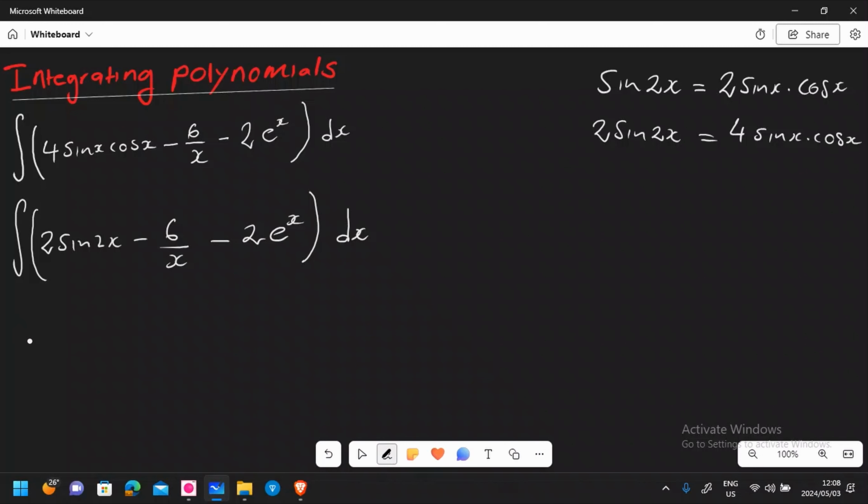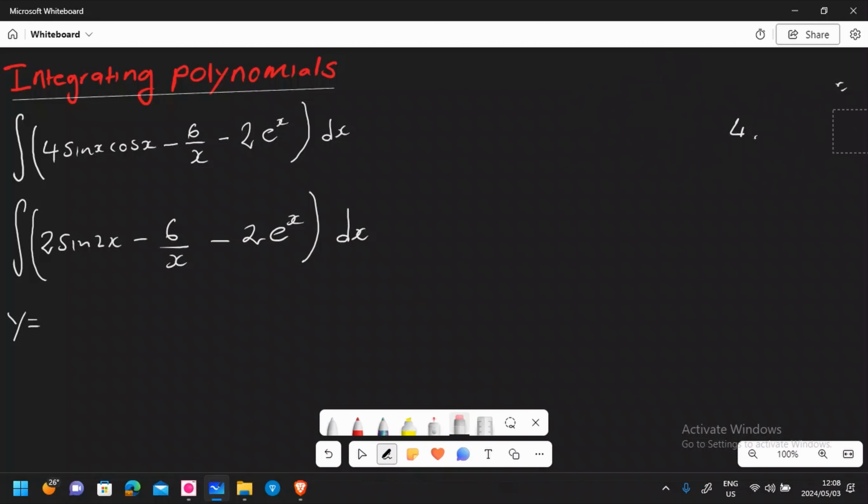All right, so when we integrate, we need to equate this to y. So let's equate this to y to show that we are actually integrating. Now let's look at our first term here. You need to know the trigonometric rule in order for us to integrate. So let me first erase this because I need to show you the rule that I'm going to use here.